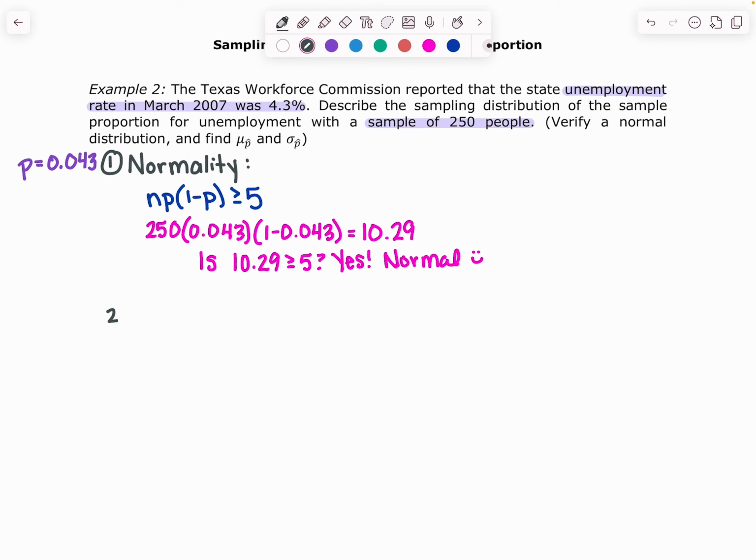So then the second thing we're going to do is find mu of p hat. So mu of p hat is equal to p.